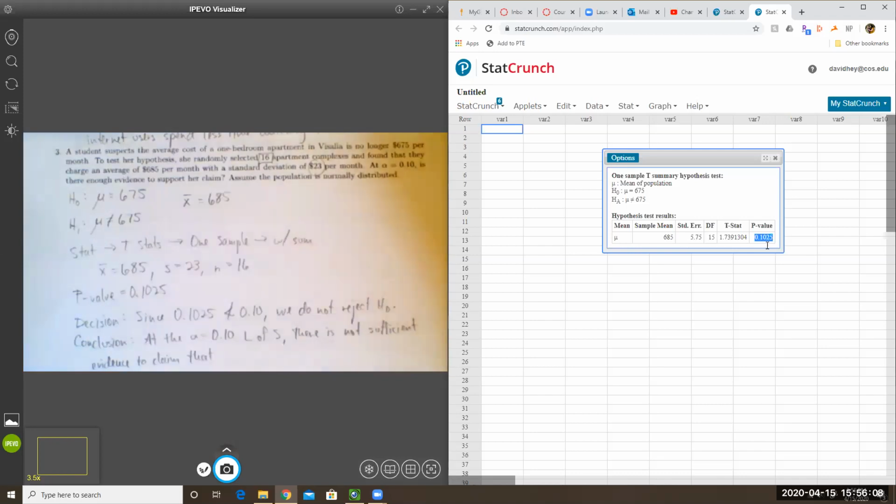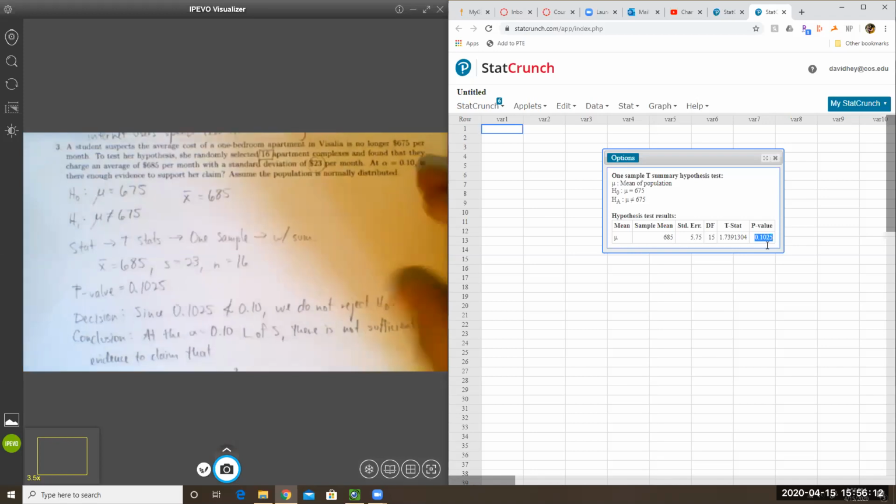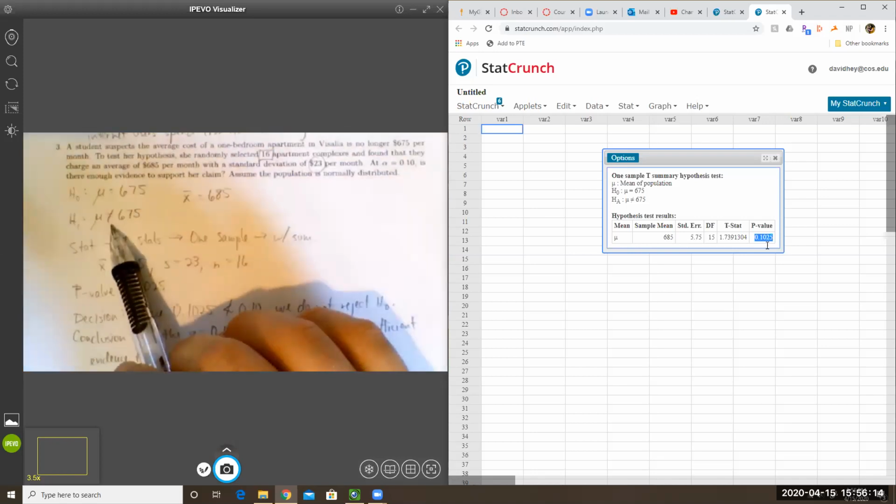Okay. So at the 0.10 level of significance, there's not sufficient evidence to claim that the average price of apartments is different than 675.